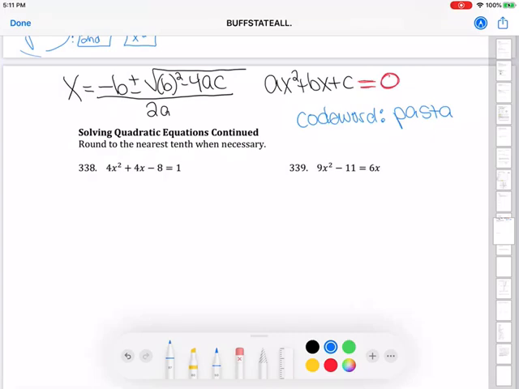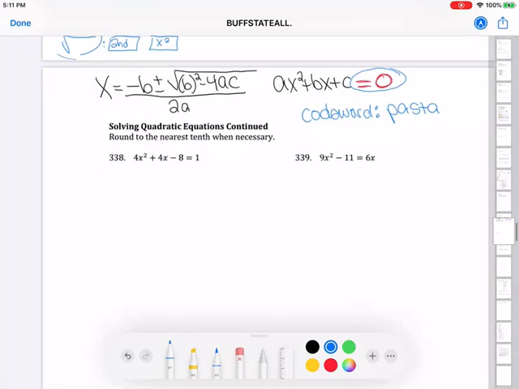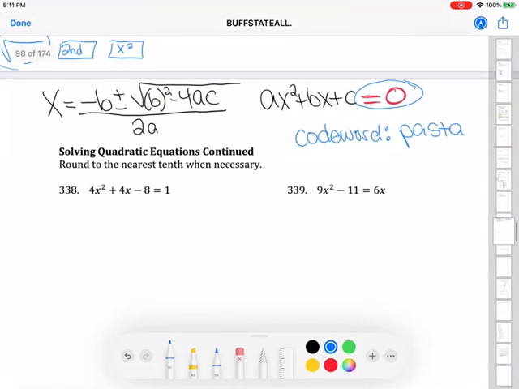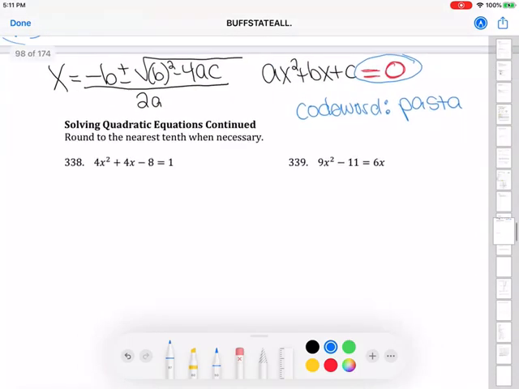All right, moving right along. So going back to that big idea of being equal to 0, notice all 3 equations on this page aren't equal to 0. So we've got some setup work to do before we can continue on. So for 338, it's 4x squared plus 4x minus 8 equals 1. It's a positive 1, so to move it to the other side, I have to subtract it so that those cancel.